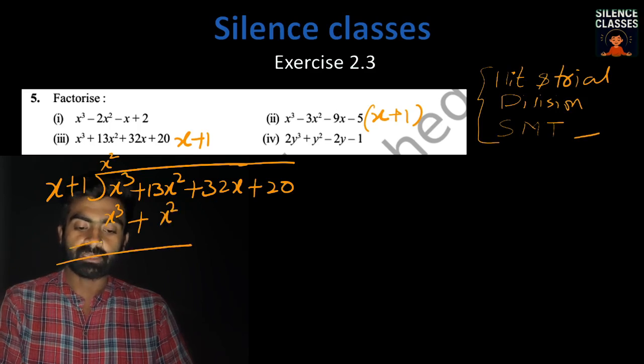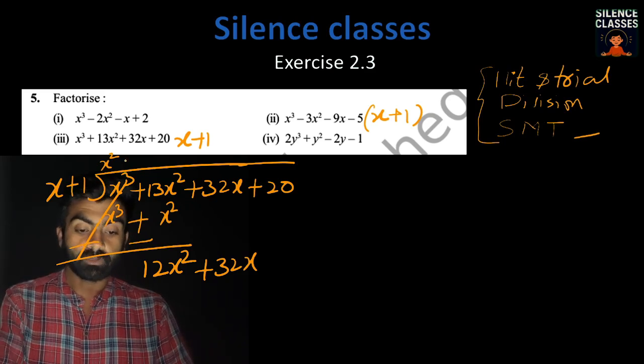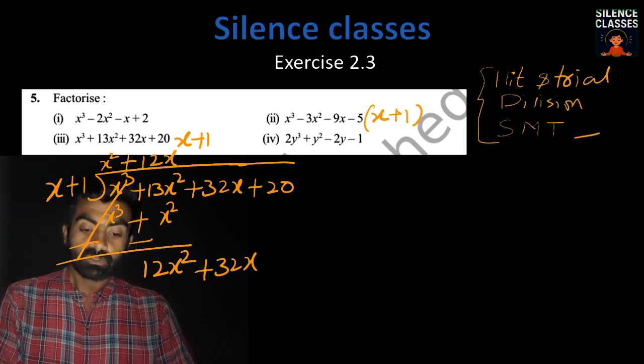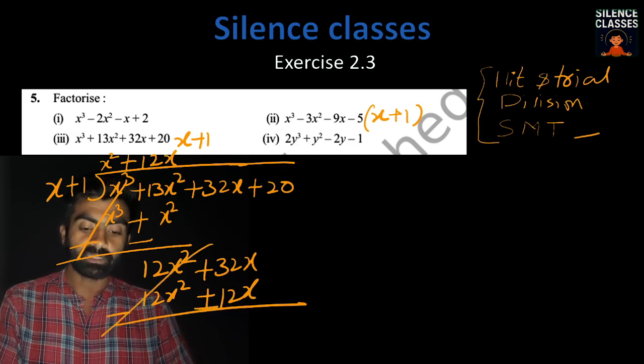So we can change the sign, minus we can cancel out, plus minus will become minus. We will get 12x square plus 32x. Now we want 12x square, so we can multiply it by 12x. So we will get 12x square plus 12x. Plus minus we can cancel it out, it will become minus, so we will get 20x.